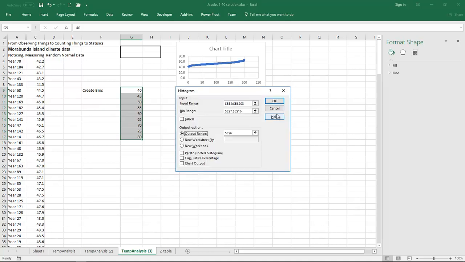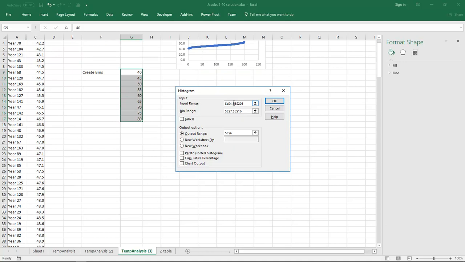Let's create a histogram for this, and we'll do an input range of, let's make this C, and the bin range is from here to here. We have to feed the function, and we're not going to use labels, and the output range, where we want this to drop our information, is at H8.